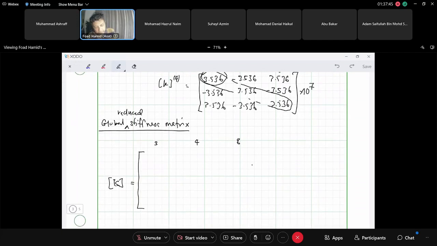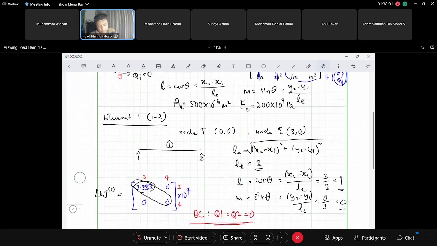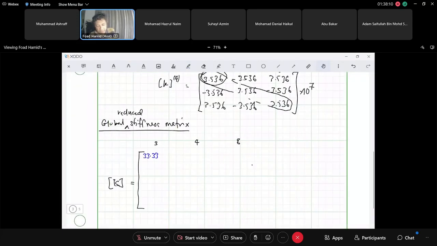This is 33.33 from element number 1. I'm using 33.33 because I'm going to use 10 to the power of 6, since element 1 is 33.33 times 10 to the power 7. So 33.33 times 10 to the power of 6 plus, okay, that's element number 1.